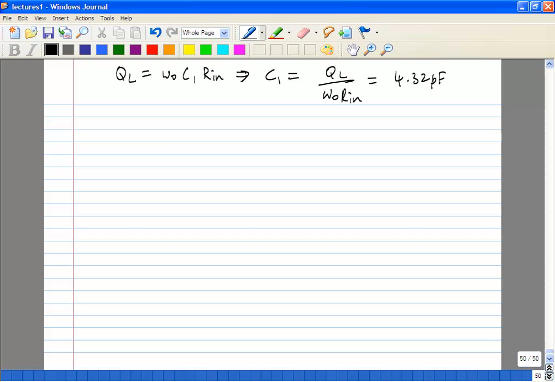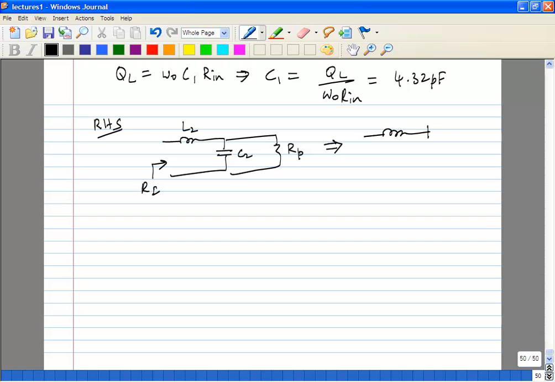Okay. So now we'll go to the right side. Input impedance is Ri, you have L2, you have C2, and you have Rp. You would normally convert this to Ri, and of course this impedance is Ri.